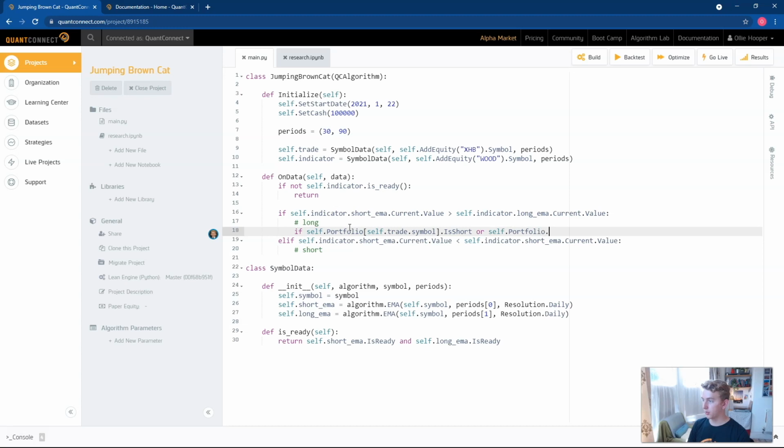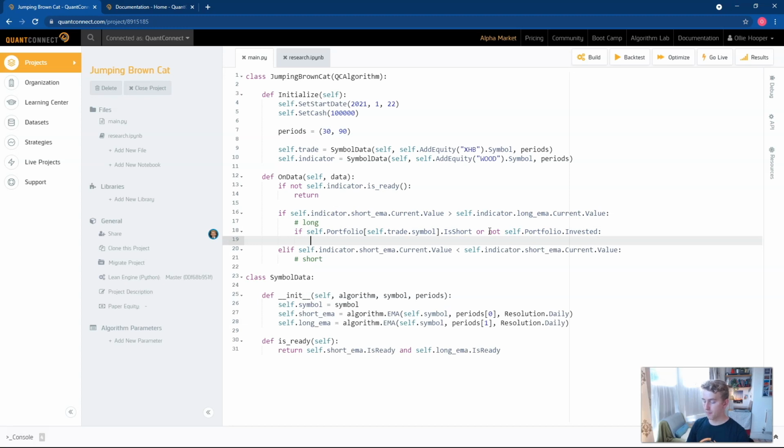So self.portfolio.invested. Not self.portfolio.invested. Okay, and this is when we want to go long. So here we're just going to do a standard self.SetHoldings of our trade symbol, which is XHB, and I'm going to set that to long. Let's copy this over and then do the same for when we want to be short.